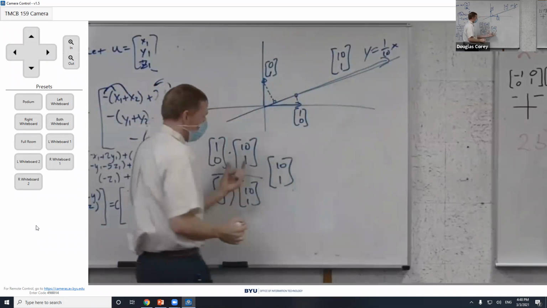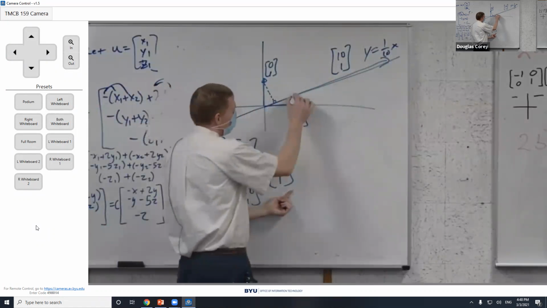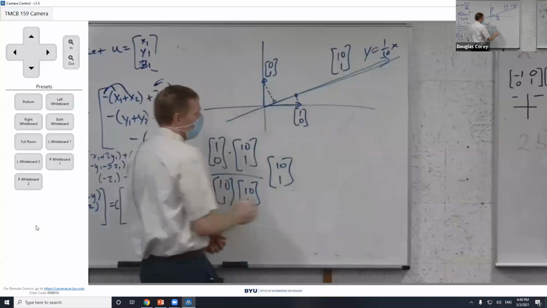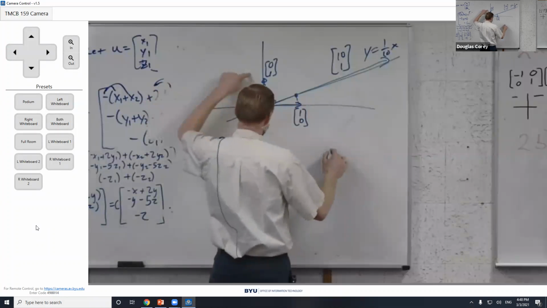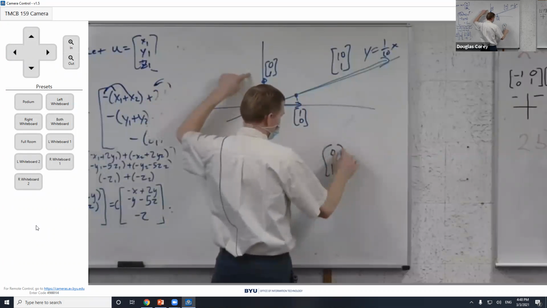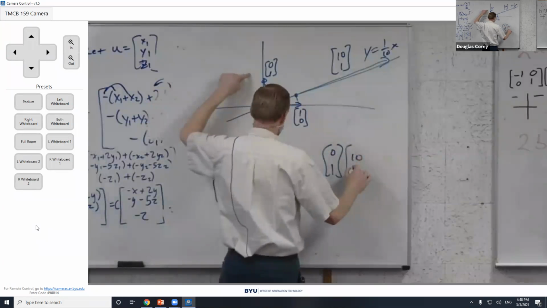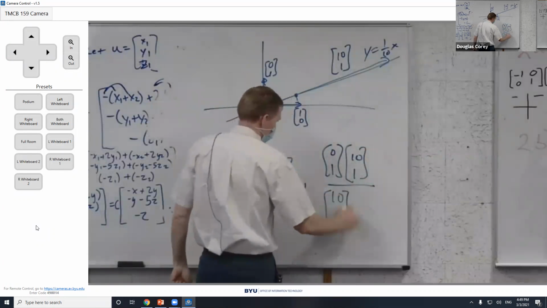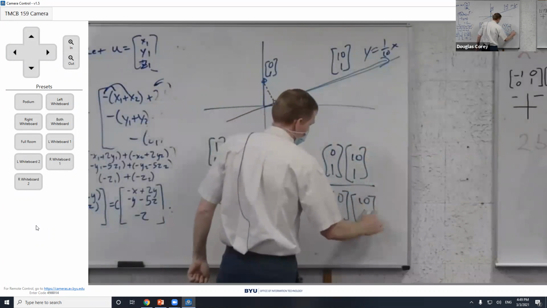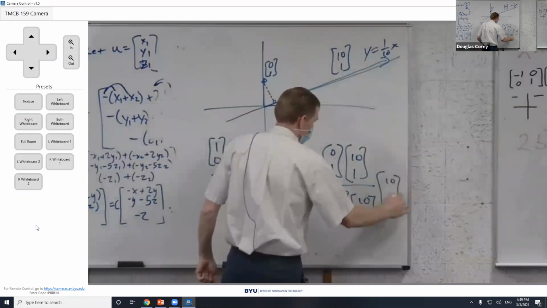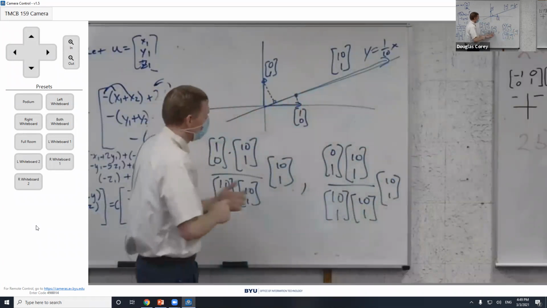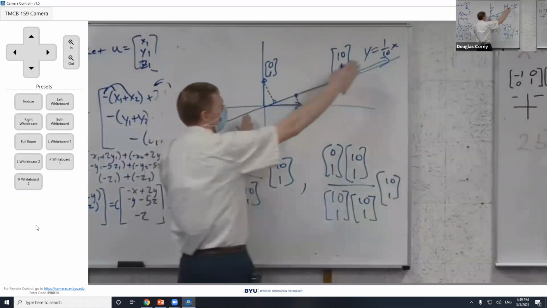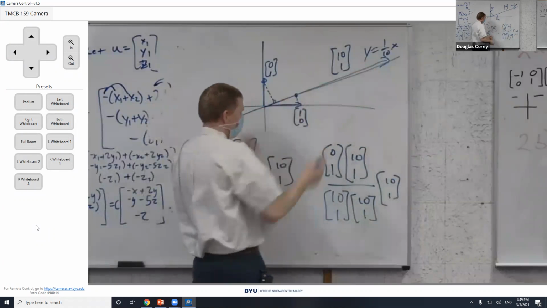This will give me the vector that goes to that spot right there. And the other one is (0, 1) dot 10, 1 over 10, 1 dot 10, 1. It's going to be just some scaled version of this vector, right? They're both on that line.